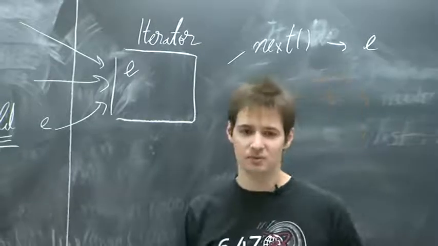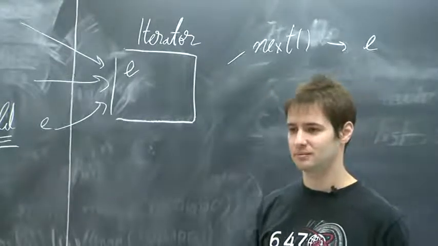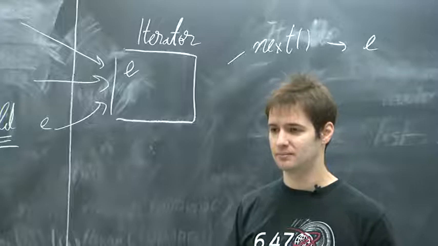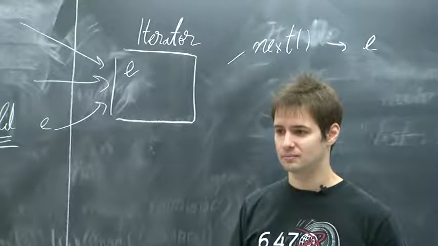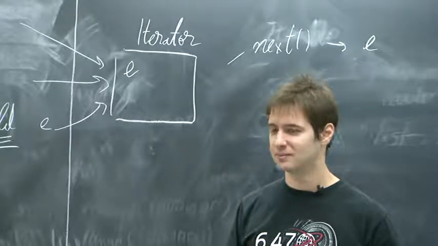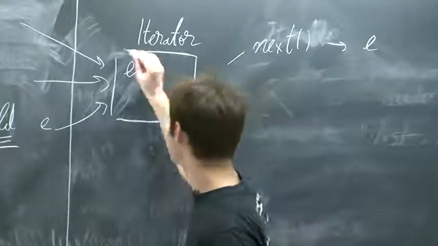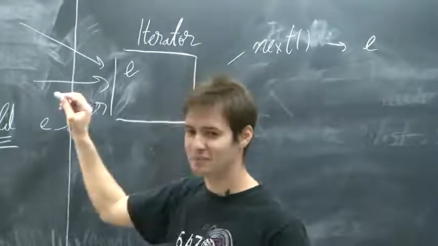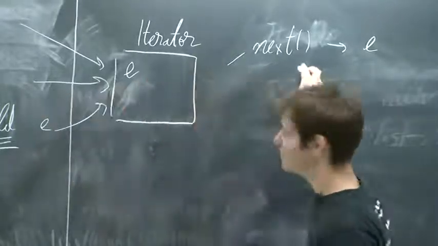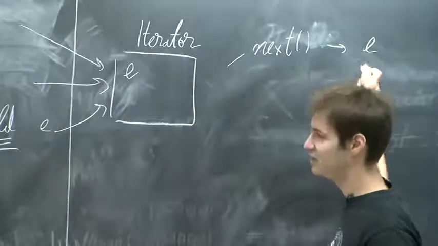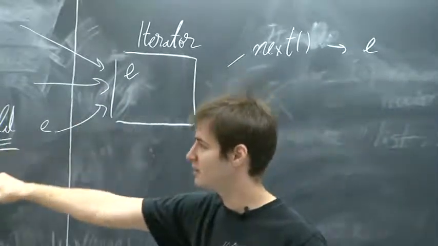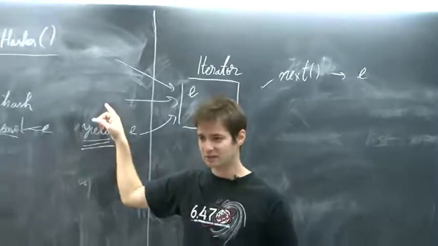What else do I need to put away? Yep. So this is a lot of magic. This tiny box actually has a lot of magic in it. Because when I call next, I want to get e, but I want to come back here and keep going.